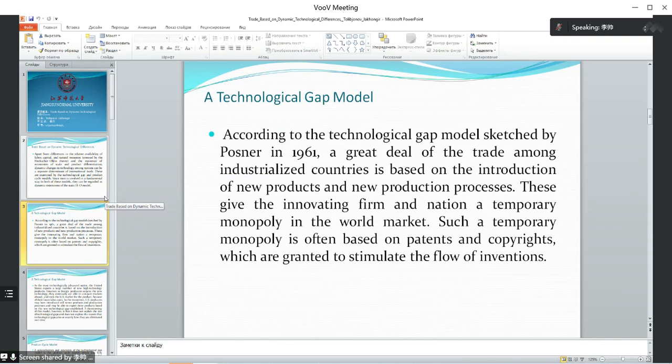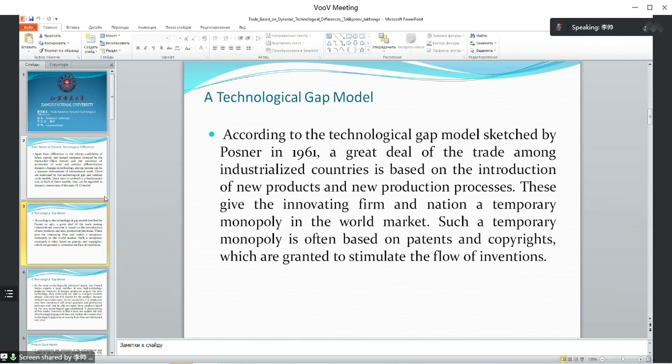So, the technological gap model was sketched by Posner in 1961. A great deal of the trade among industrialized countries is based on the introduction of new products and new production processes. This gives the innovating firm and nation a temporary monopoly in the world market.